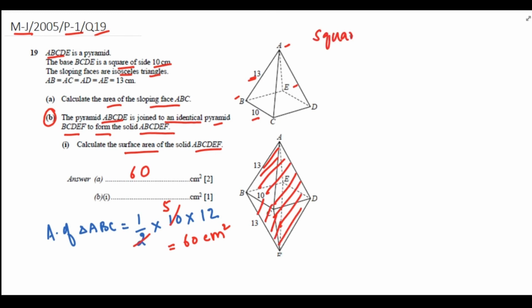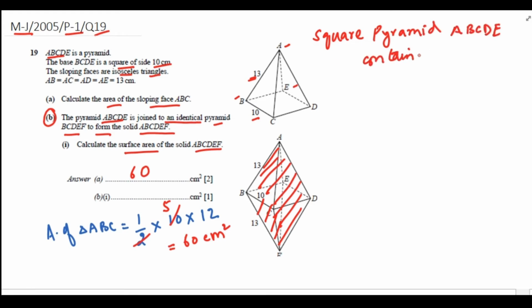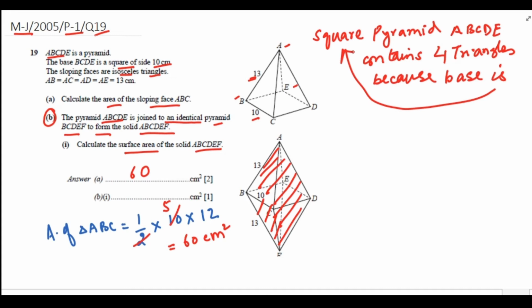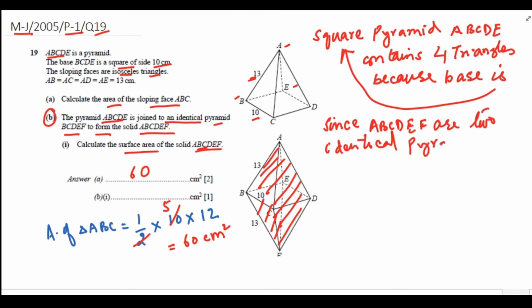We know that square pyramid ABCDE contains 4 triangles because base is square. Since ABCDEF are two identical pyramids, so they have 8 triangles.